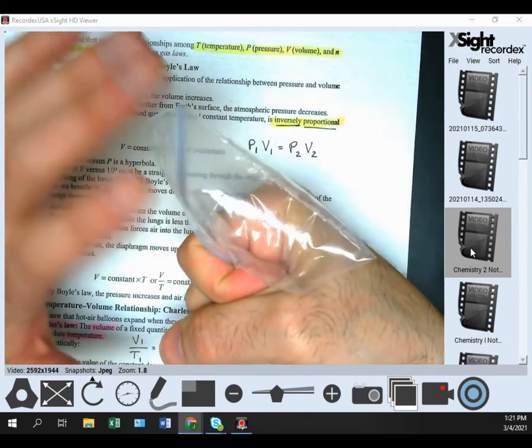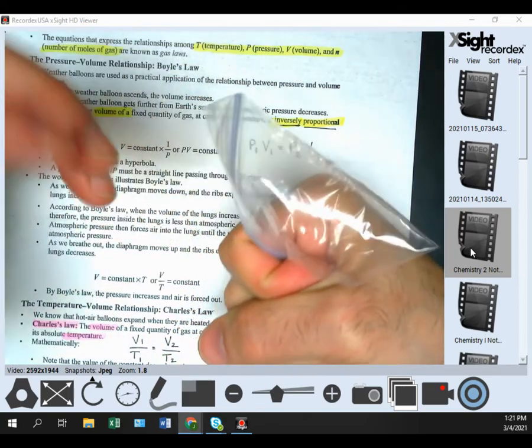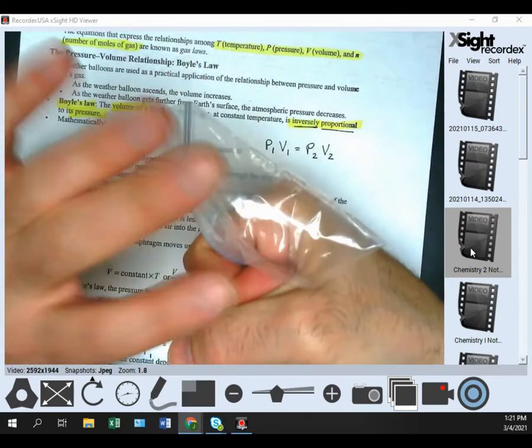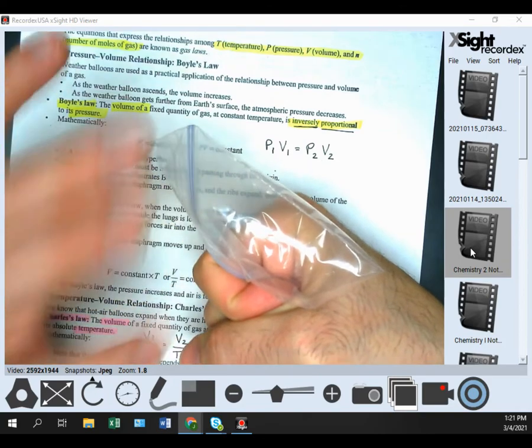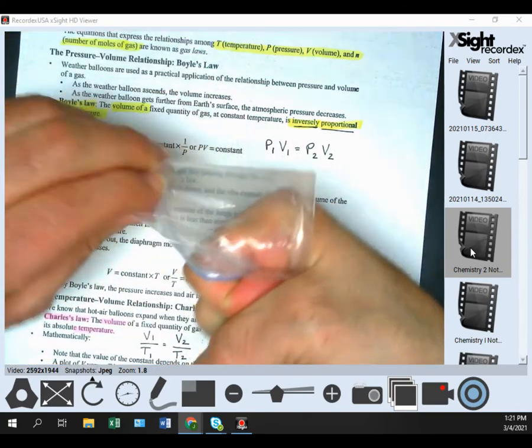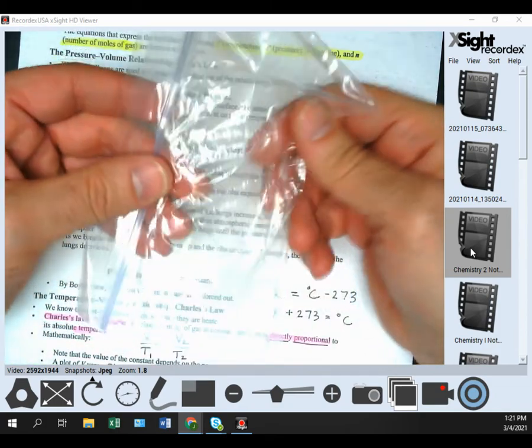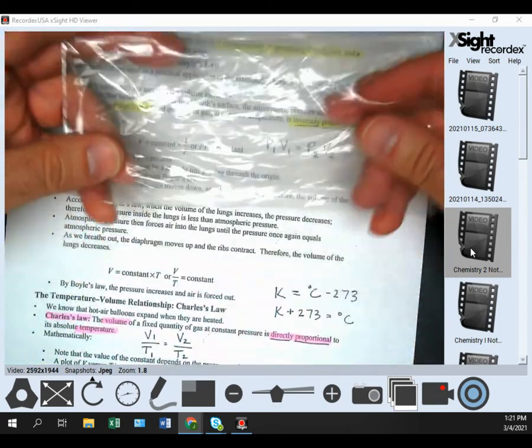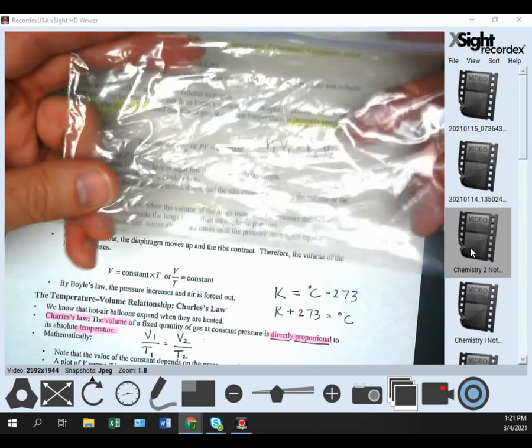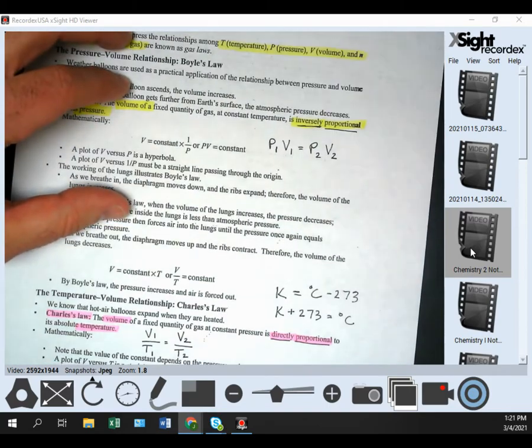It increases, right? That's basically this idea. If the temperature and the number of moles, which is the amount of gas you have, stay the same, if you decrease the volume, pressure will increase. If you increase the volume, pressure decreases. Make sense?